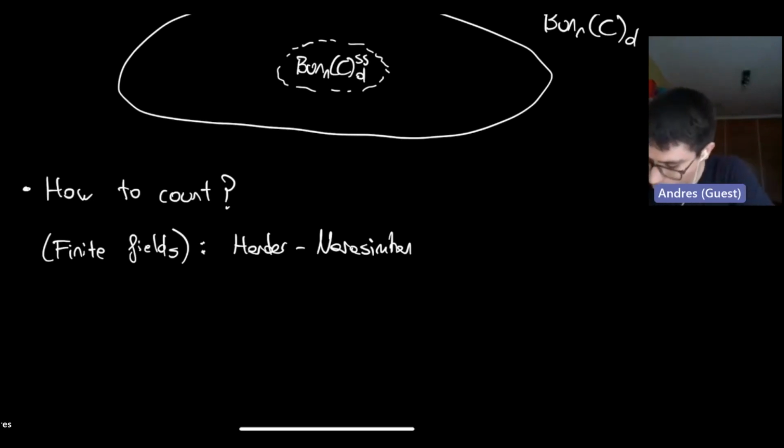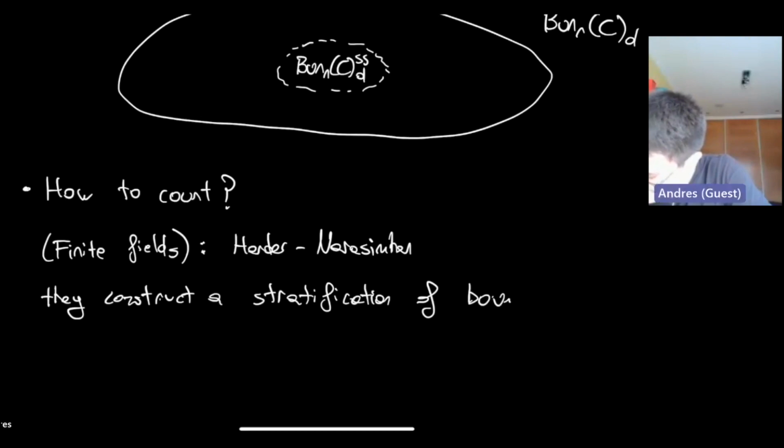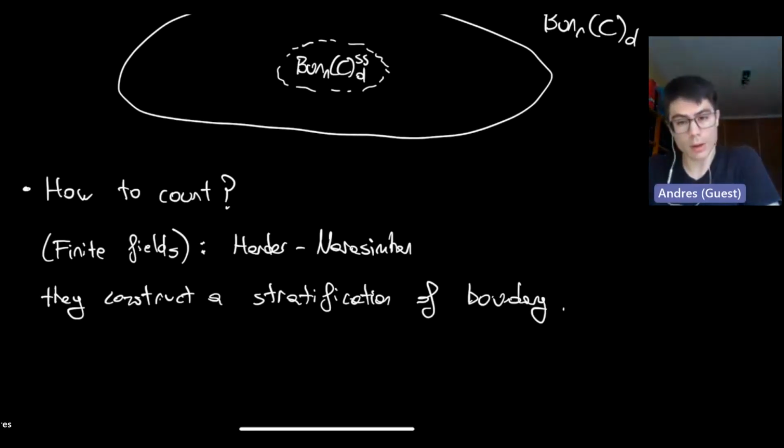And what they do is they construct a stratification of the boundary. And again, its strata, in some sense, can be understood in terms of semi-stable vector bundles of smaller rank. So it has this recursive flavor.